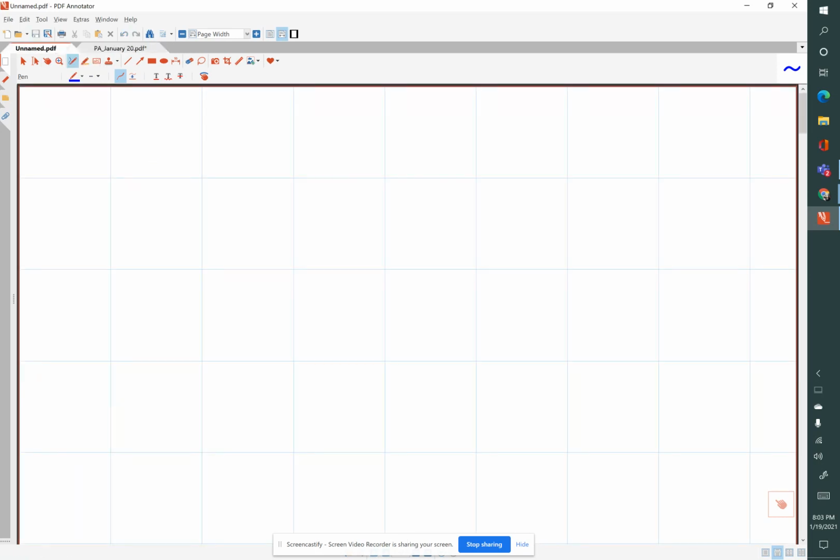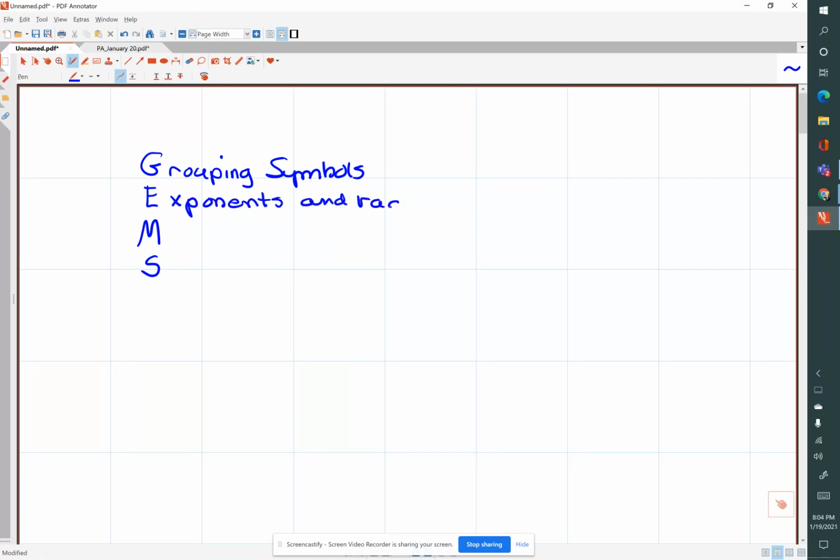I gave you kind of an acronym to help remember it, which is GEMS, and that is grouping symbols, exponents and radicals, multiplication and division, and subtraction and addition. All of the multiplication and division is to be done before subtraction and addition.